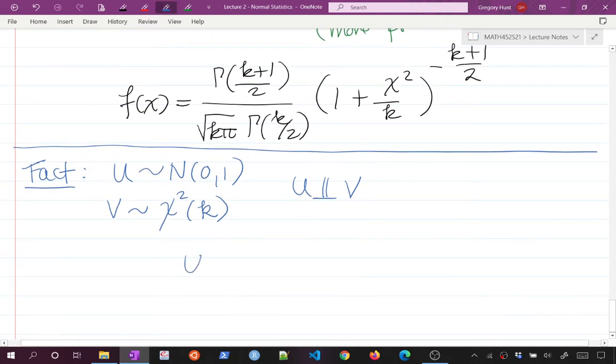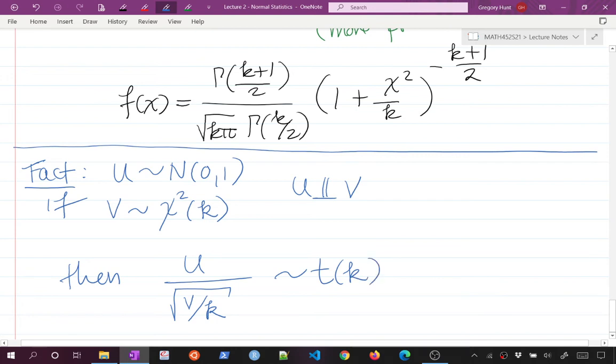If I form the quantity U over the square root of V over k, this has a t-distribution with k degrees of freedom. So I'll denote that as t(k).